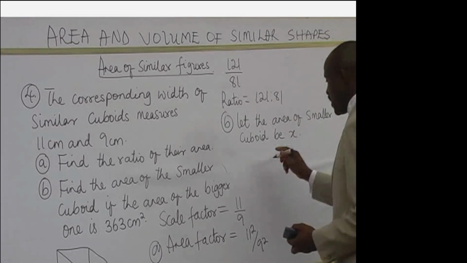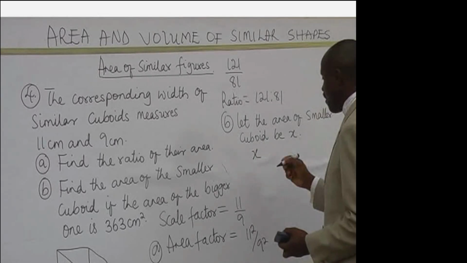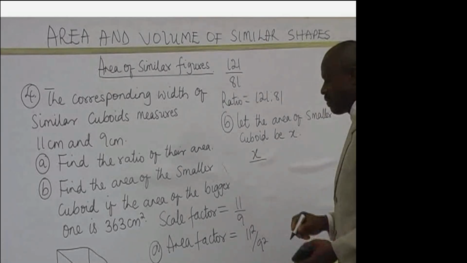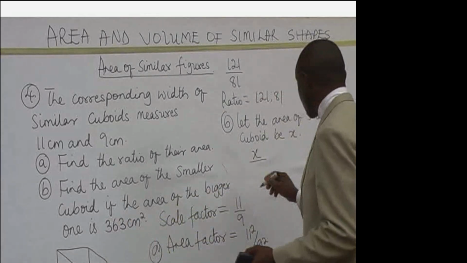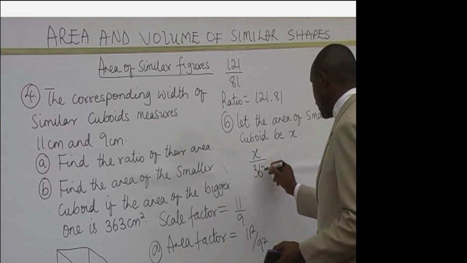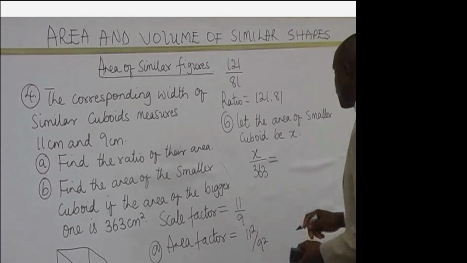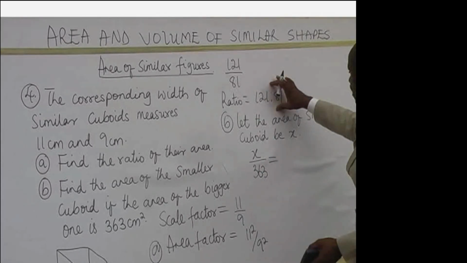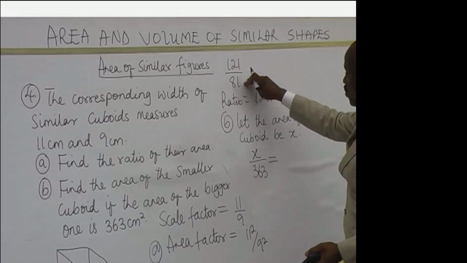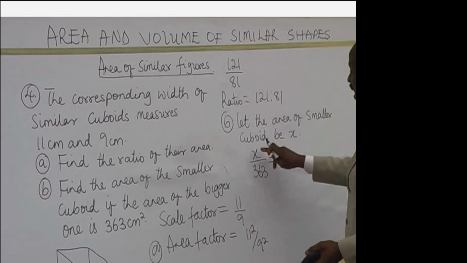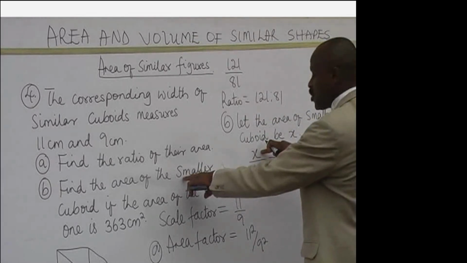That means X, which is the area of this smaller cuboid, divided by 363, which is the area of the bigger cuboid, will be equal to the area factor now, which is 121 all over 81. But be careful, X represents the area of the smaller.